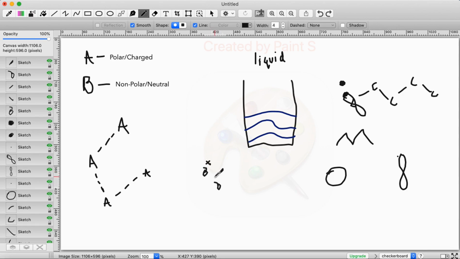It's always there, so it's a much stronger force. Whereas with this, the electron is only temporarily here, which means temporarily there's slightly more positive over here, slightly less electrons over here, and slightly more over here.